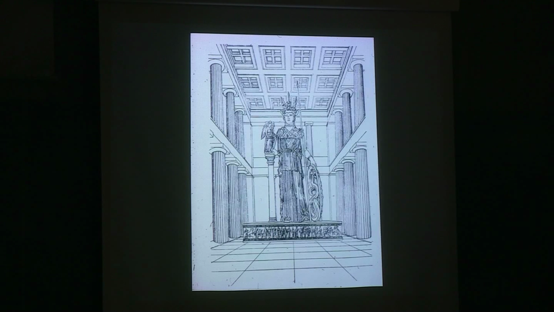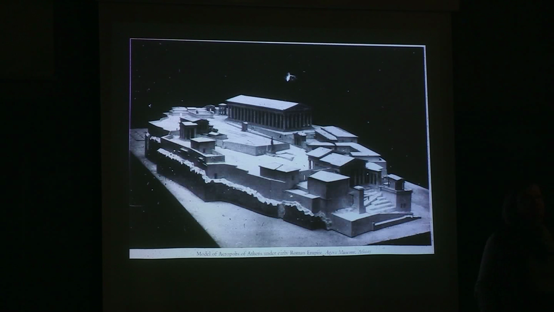And here is another view. The U-shaped colonnade is double in story, and she stands in full splendor, which is befitting of the significance given to her by the Athenians.